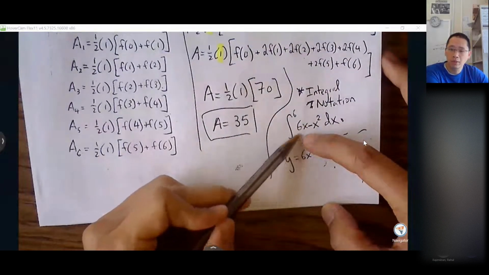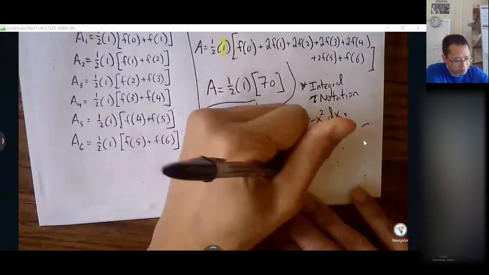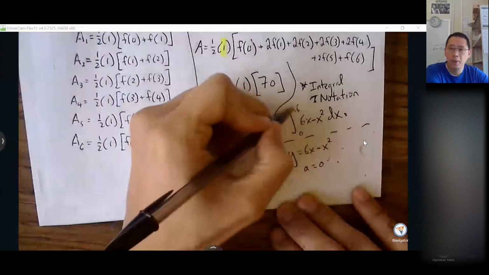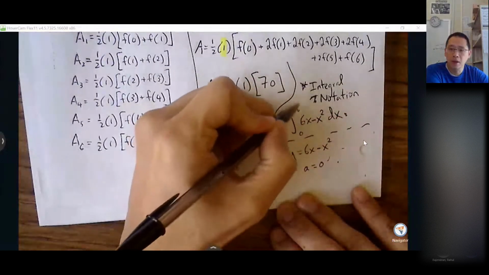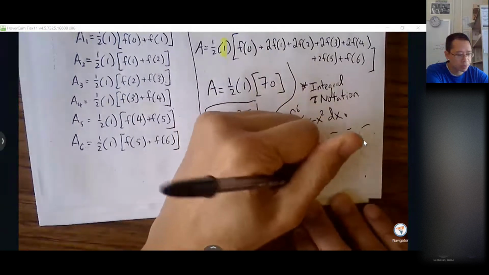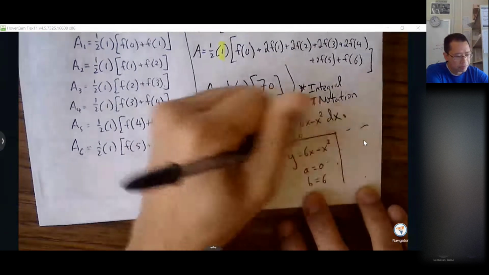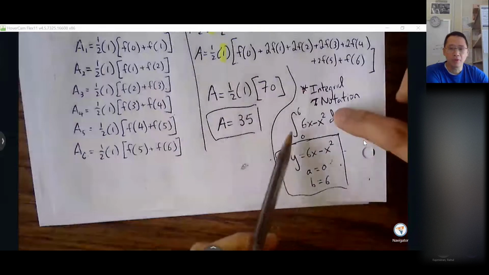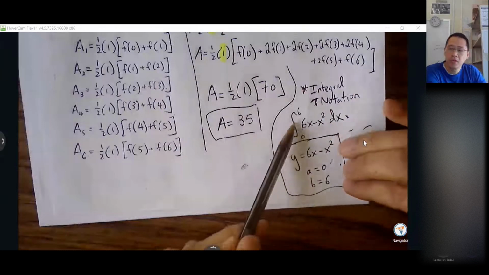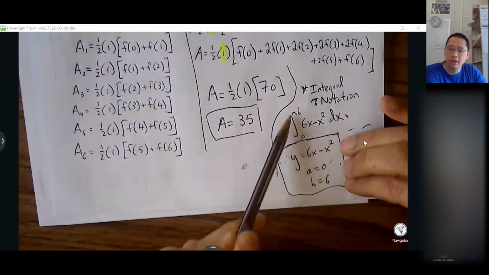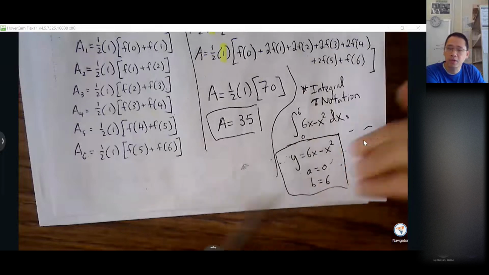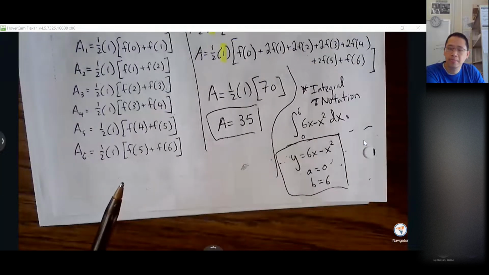That's your lower bound, your A value. And then your upper bound is this top number.